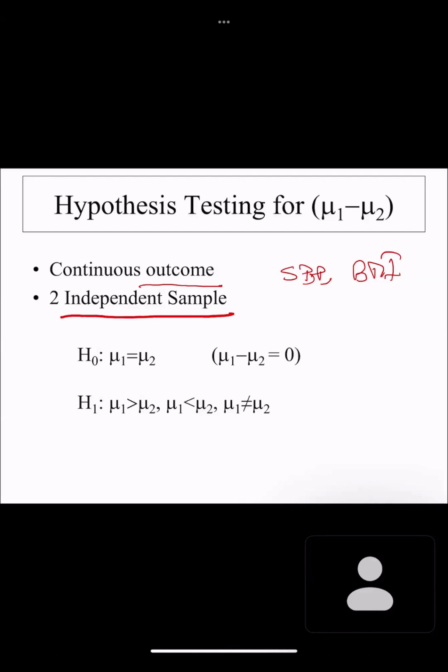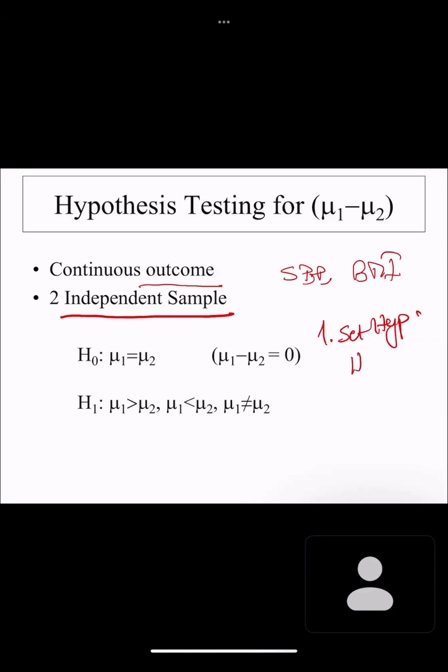Okay? And do you remember what are the steps in hypothesis testing? So first is set your hypotheses, right? Okay, I also have to monitor the chat, anything in the chat? Okay, nothing yet.